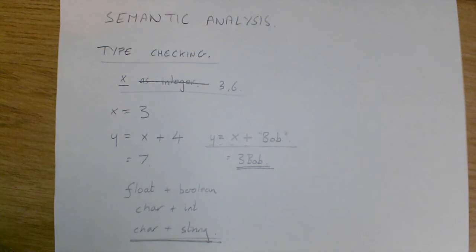Now, I'm not going to cover any more on semantic analysis because there are so many different ways that a computer can check whether or not something makes logical sense. If you're interested in that, there's certainly plenty of resources on the internet that you could use. All you need to know for semantic analysis is that it checks to make sure that the program makes logical sense.